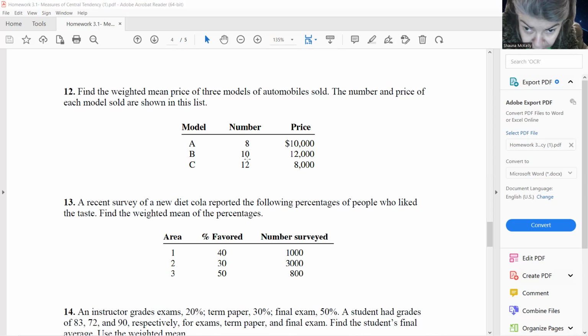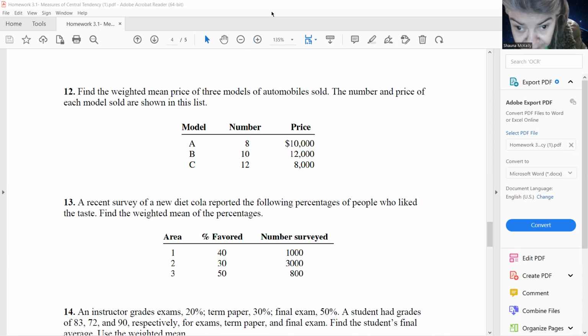So we're looking for the weighted mean of each of the models. So we're going to divide here by the number that we have. All right. So let me show you that here.